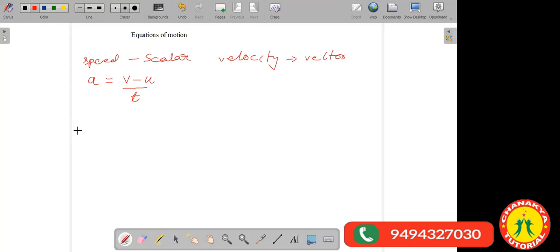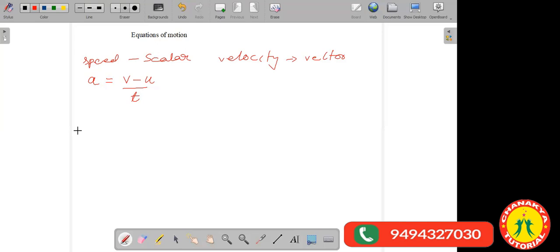For example, when you are cycling and you apply the brakes, your velocity becomes less, but your initial velocity was high. So in such cases, we observe the acceleration to be negative.